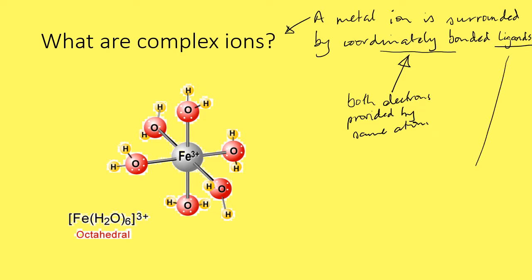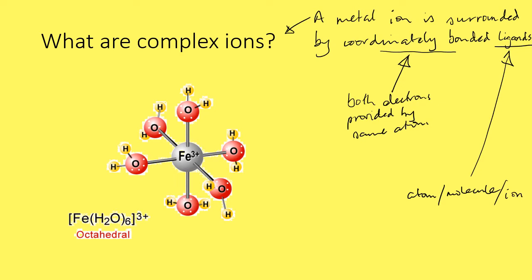Okay, so the new word was ligands, and let's appreciate what a ligand is. So a ligand is an atom, or more commonly a molecule. Right, so in our case on the left here we've got a molecule of water, which is our ligand. Quite often it's an ion.